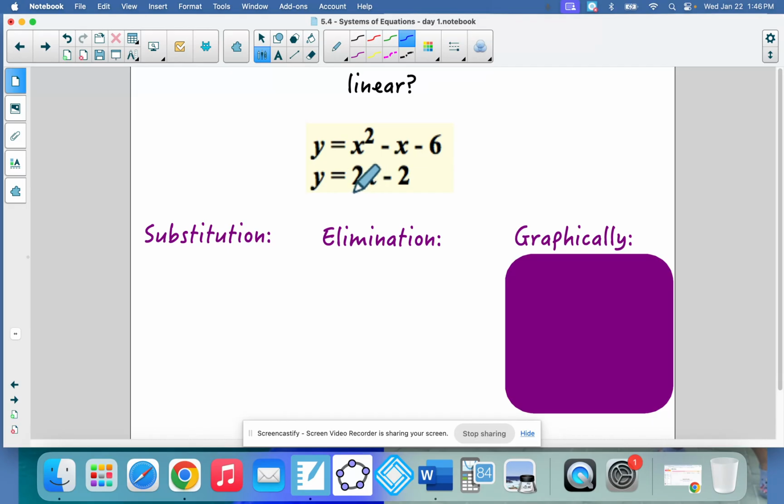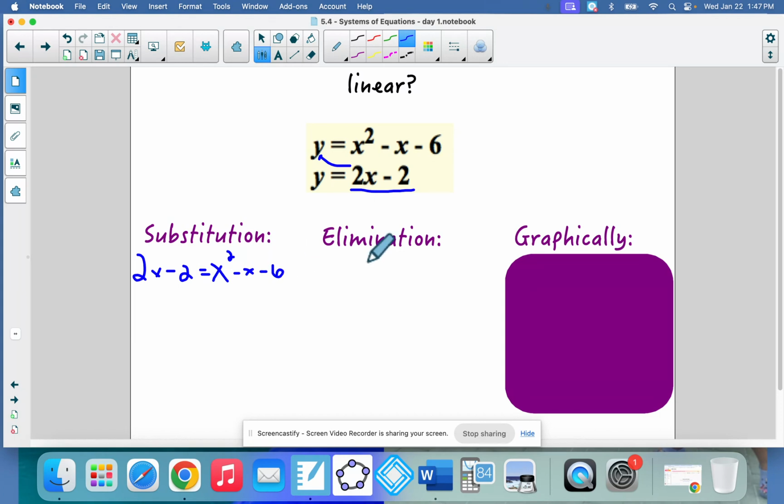So if I was going to use substitution, they're both in the y equals form. So I'm going to plug this in for y, and we're going to get 2x minus 2 equals x squared minus x minus 6.